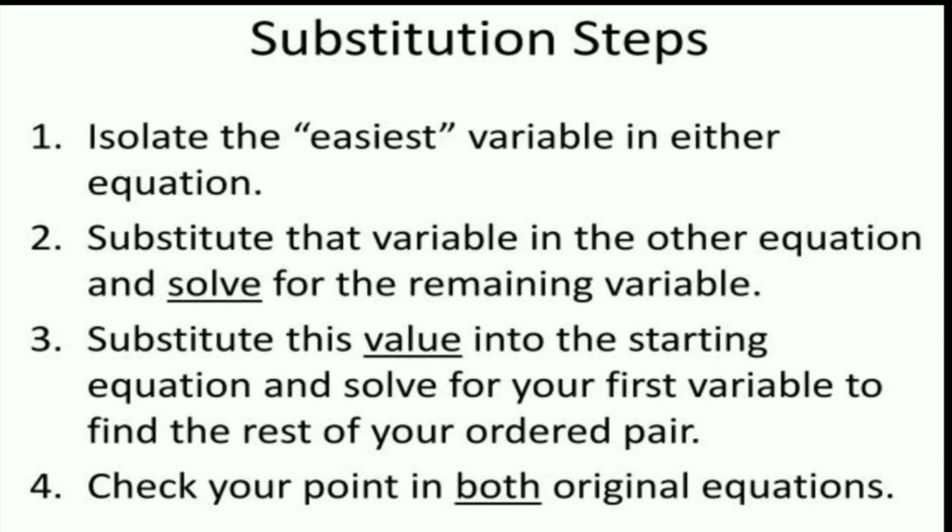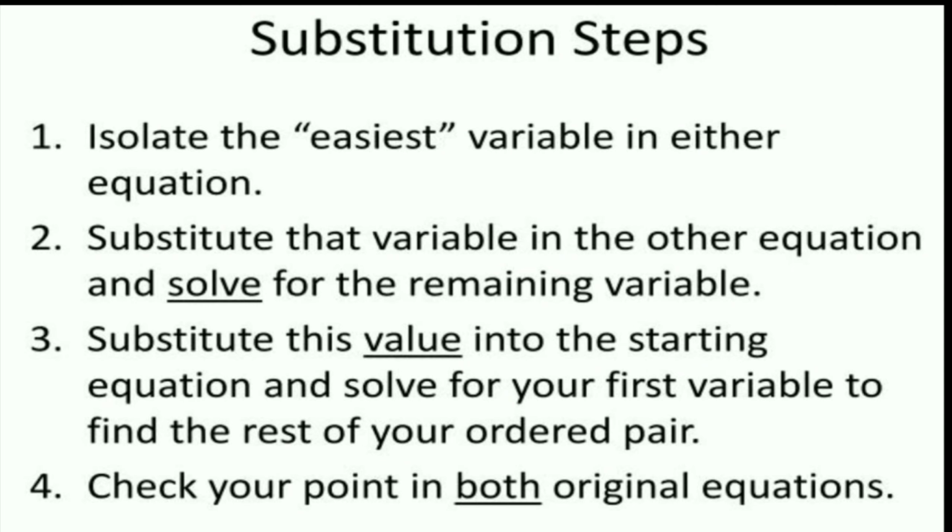Now what are the steps we need to follow in this method? The first one is to isolate the easiest variable in either equation. It means there are two equations, so we need to find the value of one variable from any one equation.